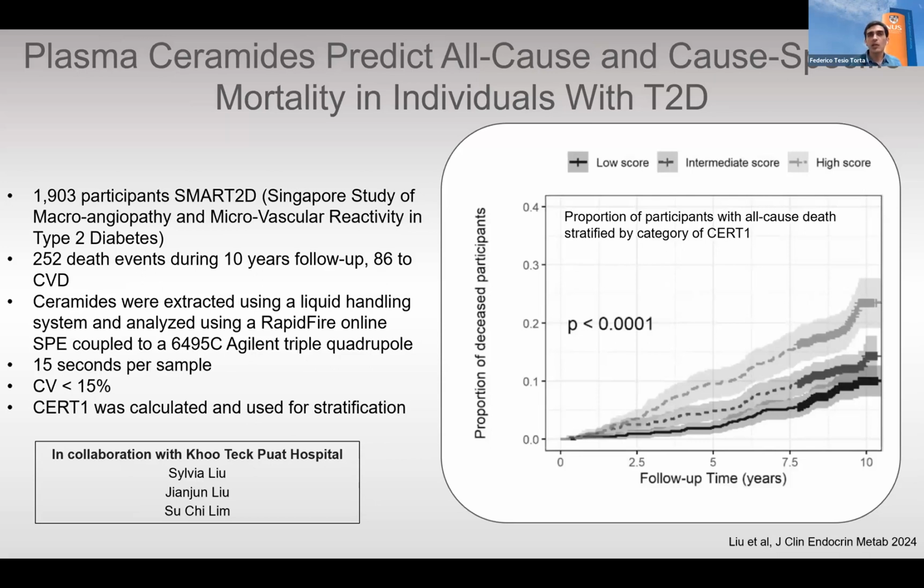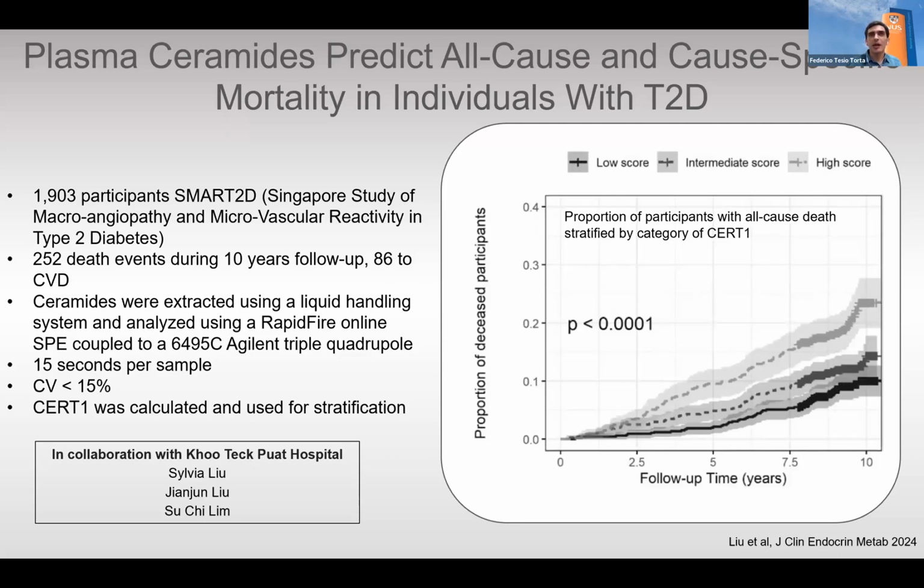And also the association between the CERT1 score and the risk of non-cardiovascular death has not been reported in patients with and without diabetes. So together with our collaborators at KTPH Hospital here in Singapore, we used these prospective studies in which we try to assess whether the baseline CERT1 score may predict all-cause and cause-specific mortality beyond the clinical risk factors in individuals with diabetes.